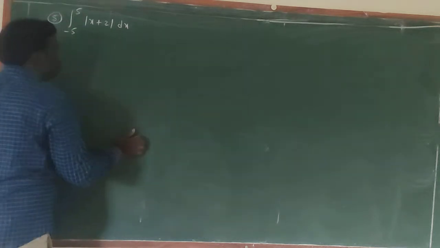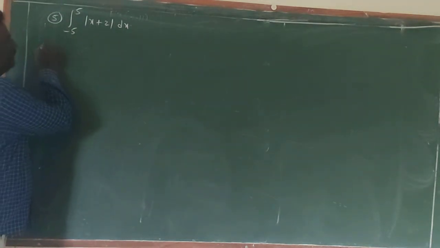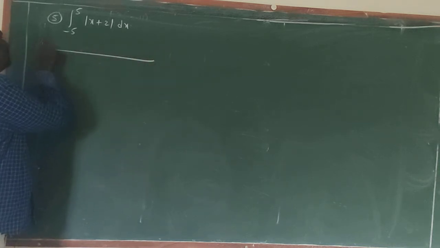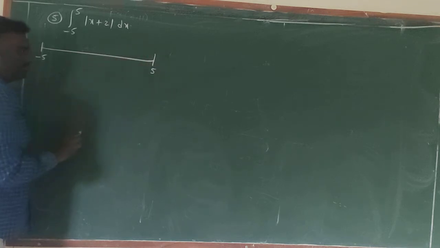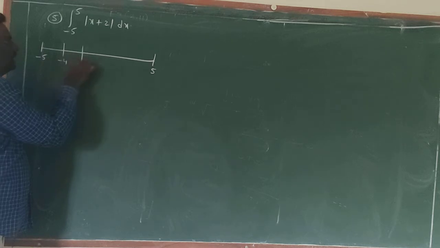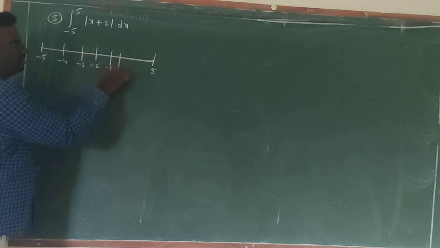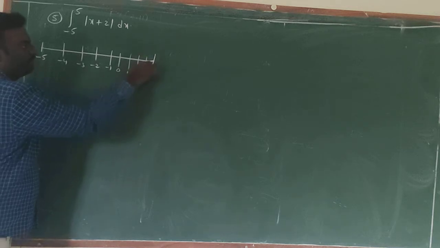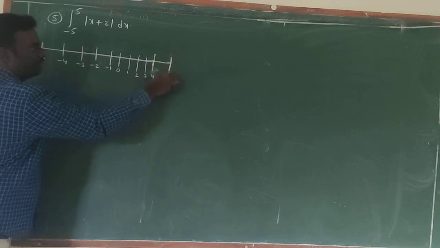See here, the lower limit is minus 5, the upper limit is plus 5. You draw a number line like this. This is minus 5, this is plus 5. After minus 5, what you will get? Minus 4, minus 3, minus 2, minus 1, like this. 0, 1, 2, like this. 3, 4, 5.